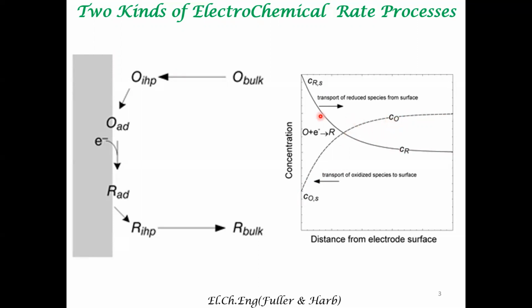We had looked at it in a qualitative manner first, and then we utilized a mass transfer coefficient to discuss this transport. But we will look at this entire system of transport in electrolytes in a more quantitative manner in the present and the next few lectures.